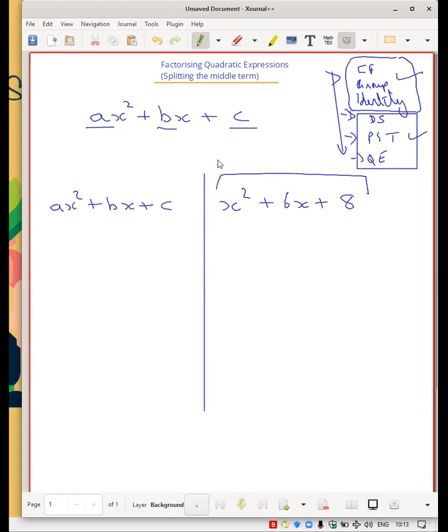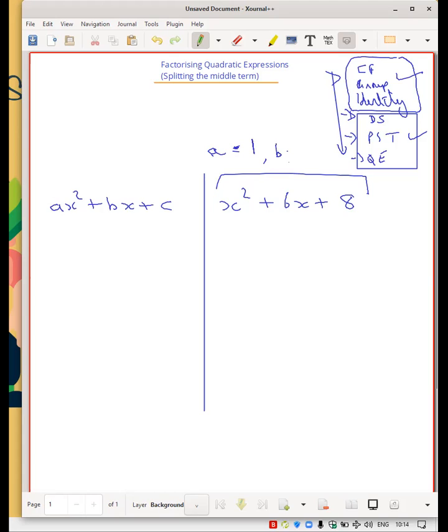We said a is the numeric coefficient of x squared. So what is the value of a over here? 1, because whenever I don't have anything, it's usually 1, right? Yes, sir.